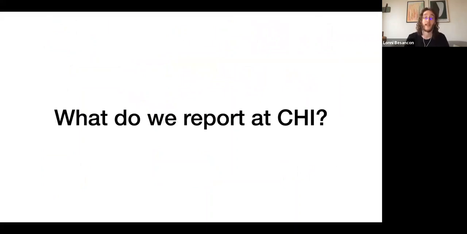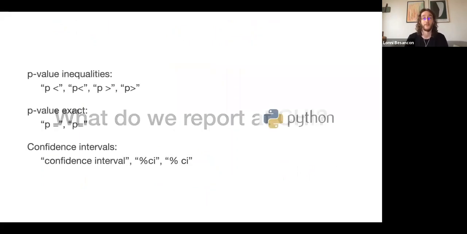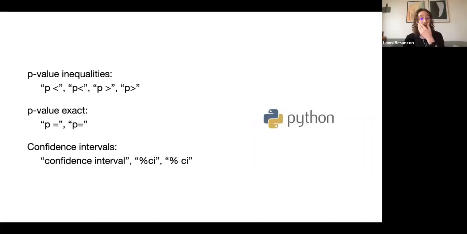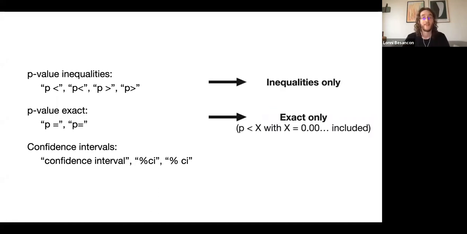So the first question we had was, what do we report at CHI, this conference again? And so we decided with a Python script to look for p-value inequalities. We looked for exactly these strings: p less than with or without space, p greater than with or without space, p equal to, and we looked for confidence intervals as well. If a paper only reported p less than or p greater than, we concluded that this paper reported inequalities only.